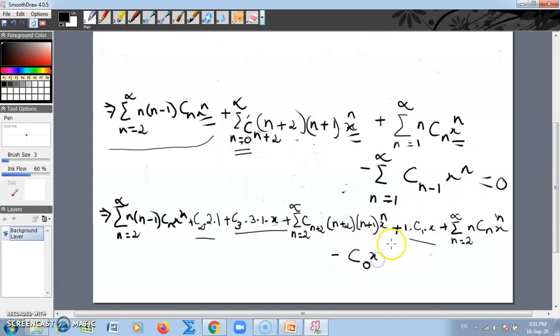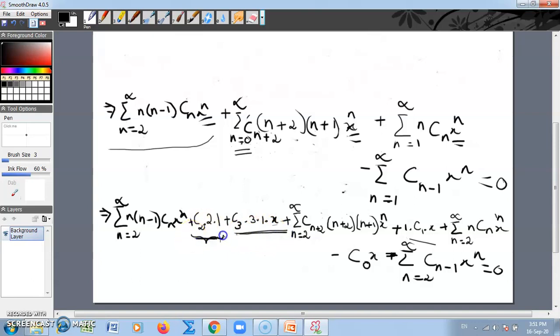So we get it this way, and the remaining I put inside the summation sign. So I have to put here a minus sign: n goes from 2 to infinity of cn minus 1 x to the power n, and this is equal to 0. Now students, what we do now is we collect all the terms.